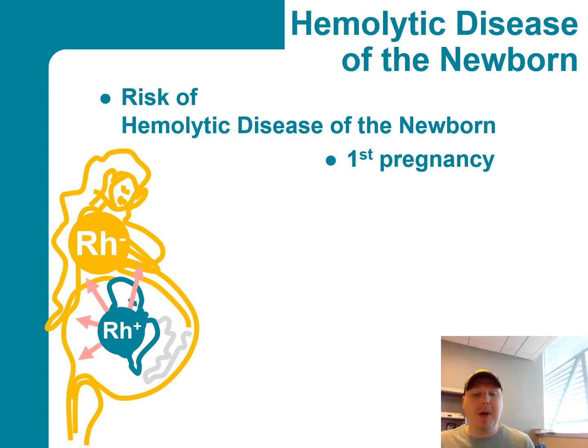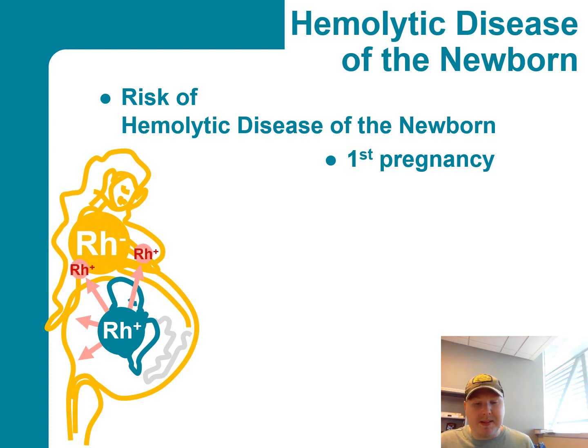This is blood leaking from the fetus into the maternal circulation. Now, this does not usually happen during the first part of the pregnancy, but it can happen towards the end of the pregnancy. But during the delivery, it is guaranteed that some of the fetal blood via the torn placenta is going to get into the mother.